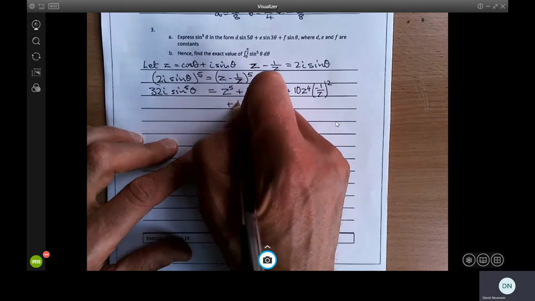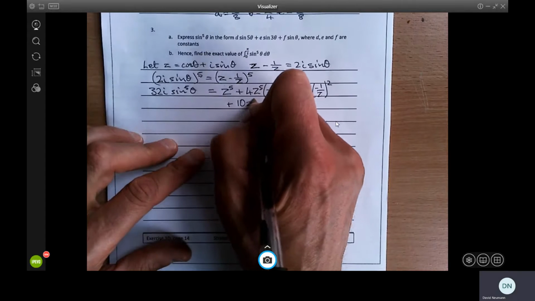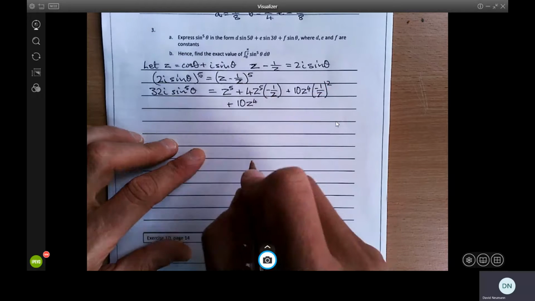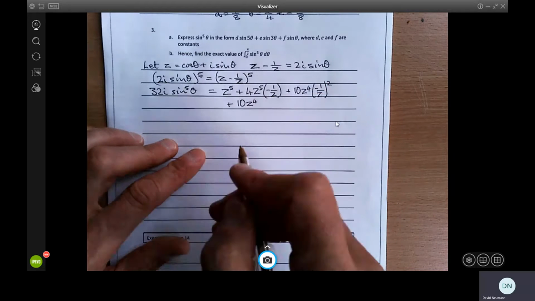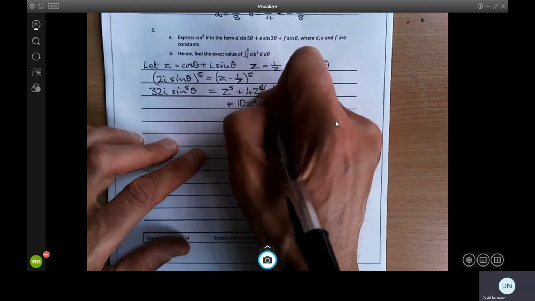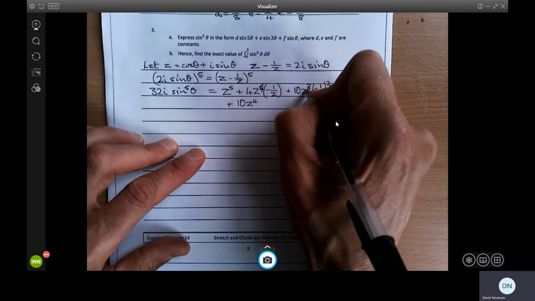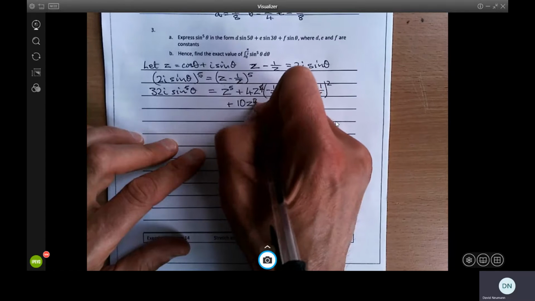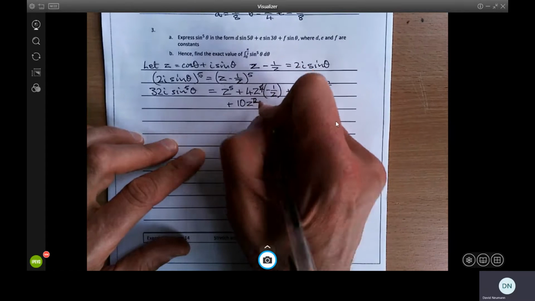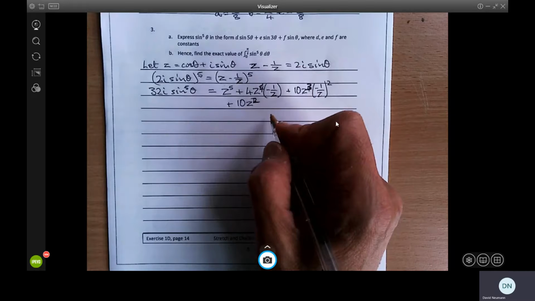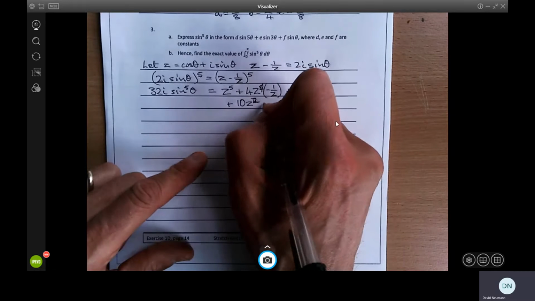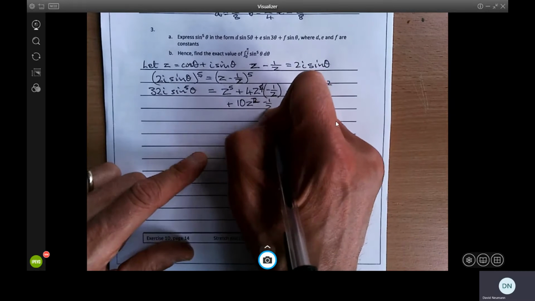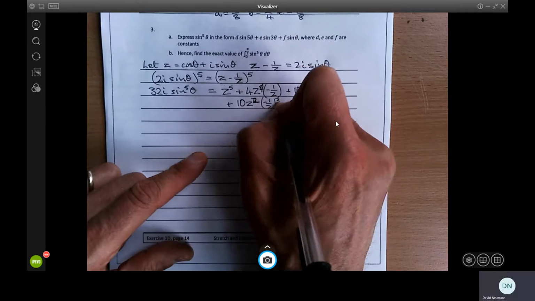Oh, sorry, that should have been power of 4 there and power of 3 there. Oops. There we go. So this is power of 2. I thought there was something going wrong. z squared times minus 1 over z cubed.